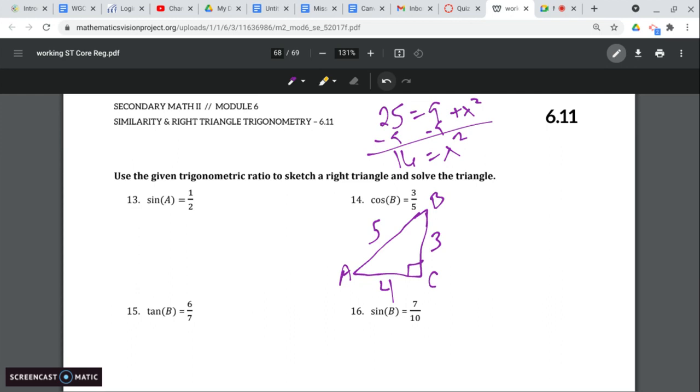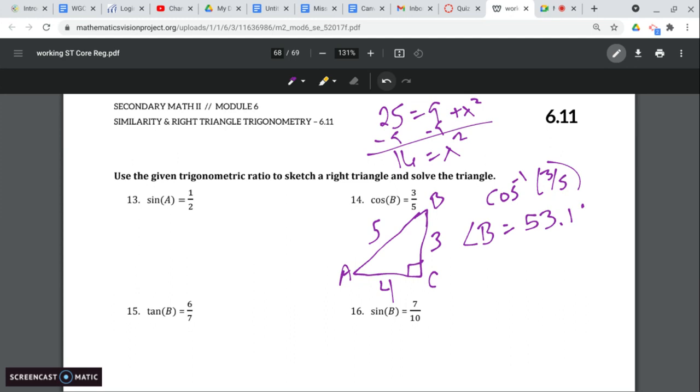Now for our angle measures, remember, we have to use the inverse sine or cosine. So to find angle B, we can use what's given to us. Just do cosine inverse of 3 over 5, and that's going to give us angle B equals 53.1 degrees.